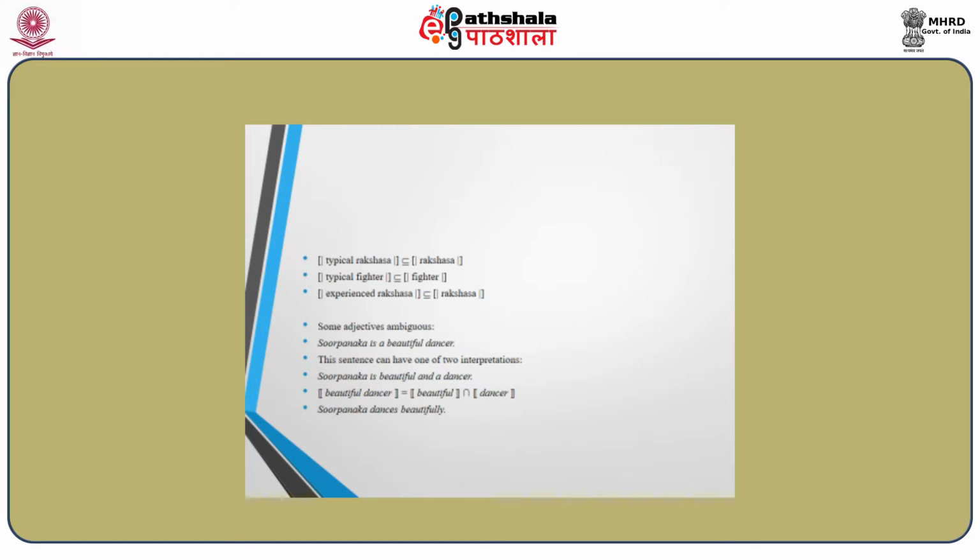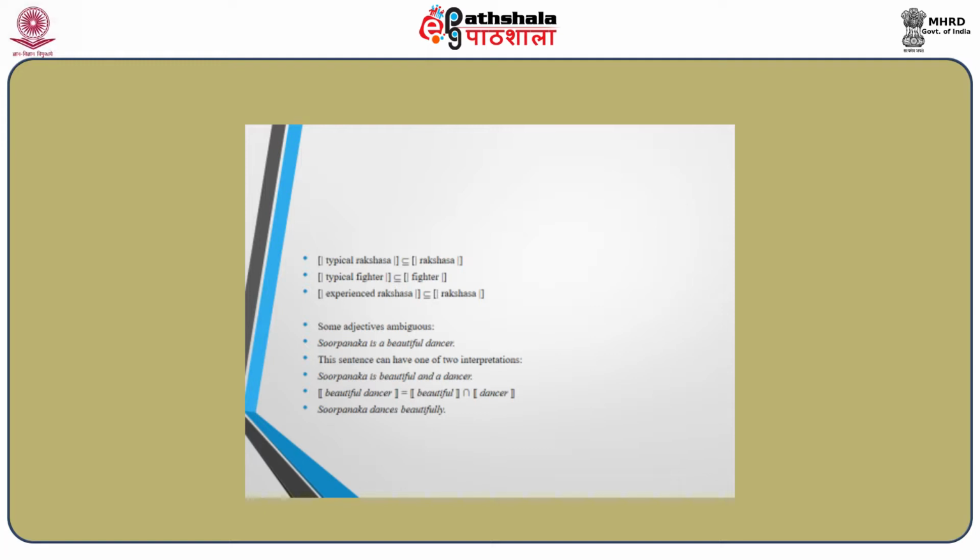The semantic value of a loyal fighter is a subset of the semantic value of a fighter. The semantic value of a good Rakshasa is a subset of the semantic value of a Rakshasa. The semantic value of a good fighter is a subset of the semantic value of a fighter.